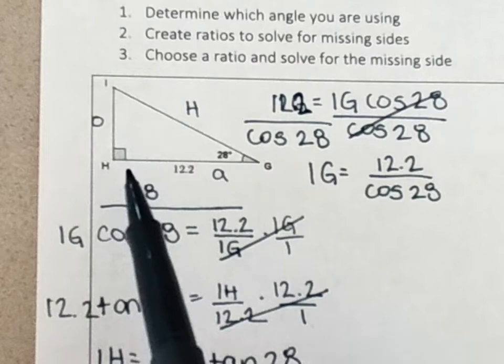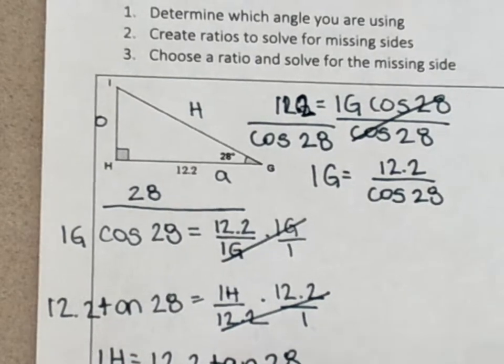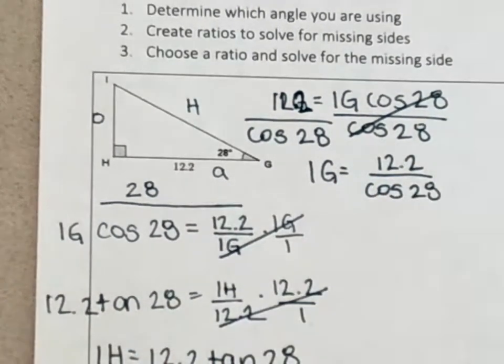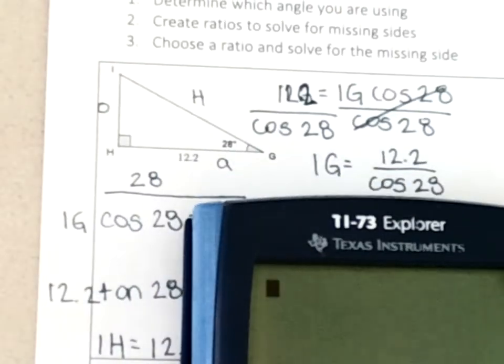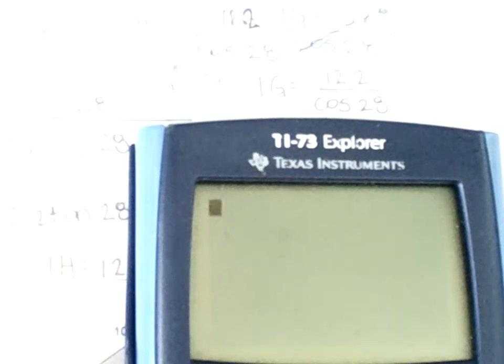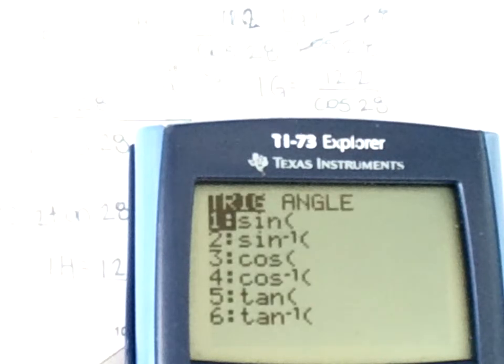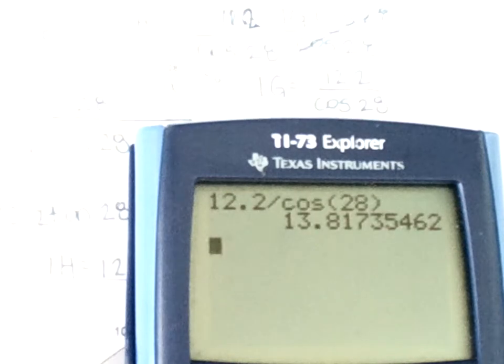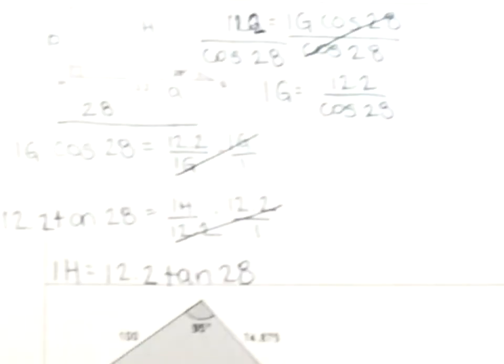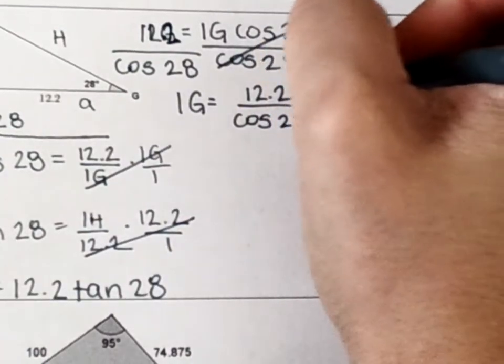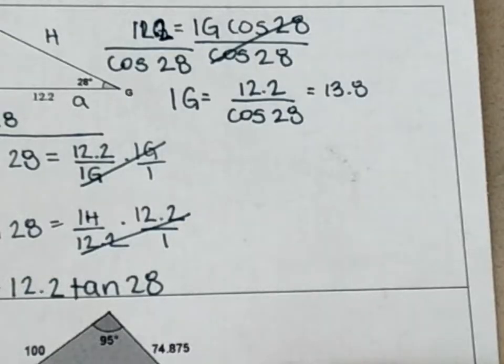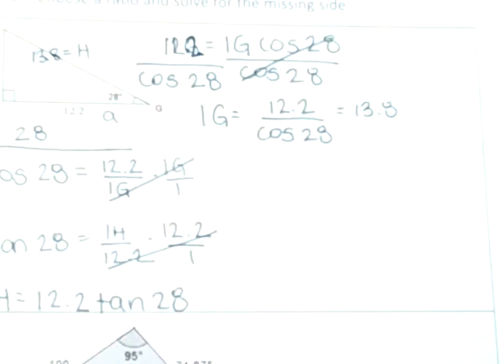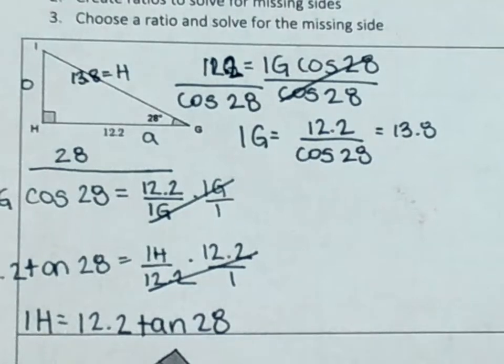So if we put IG into the calculator, we're going to get 12.2 divided by cosine of 28, that gives us 13.8. So that means we're going to get 13.8 for our hypotenuse.